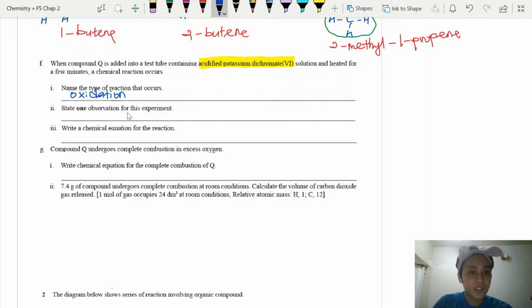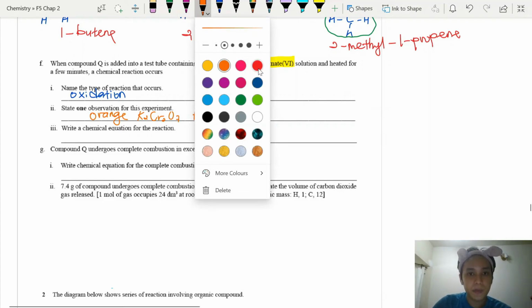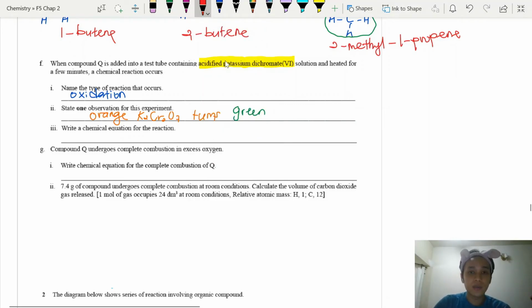State one observation. That's why I say you need to know the color change. For potassium dichromate, the color change is from orange potassium dichromate solution turns green. Remember the color change. If it's potassium manganate, it's from purple to colorless.